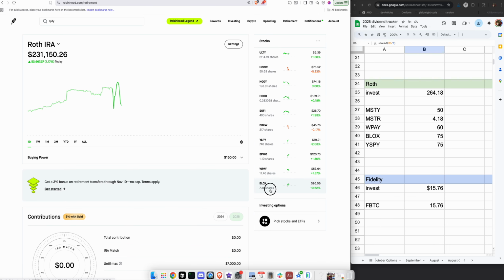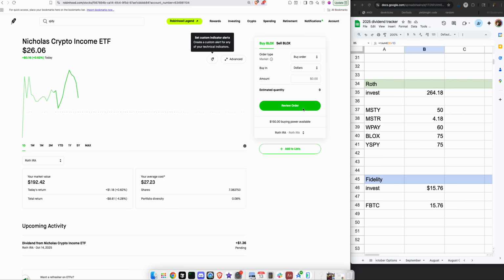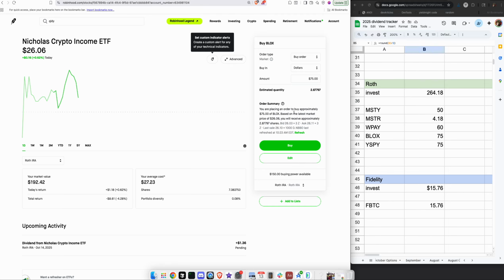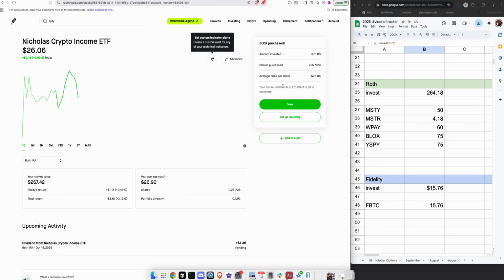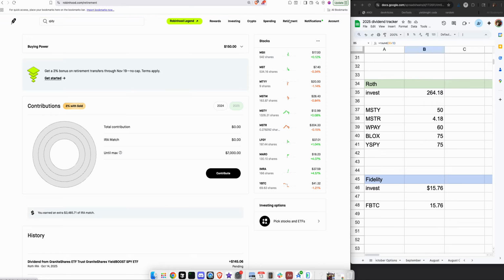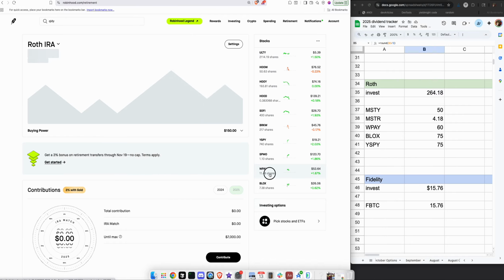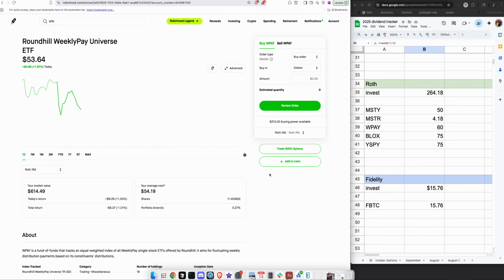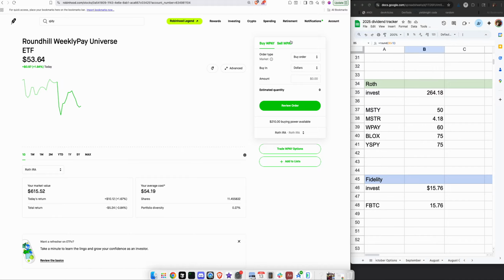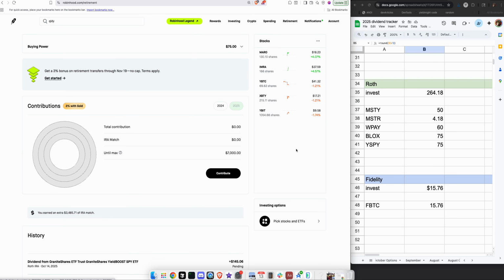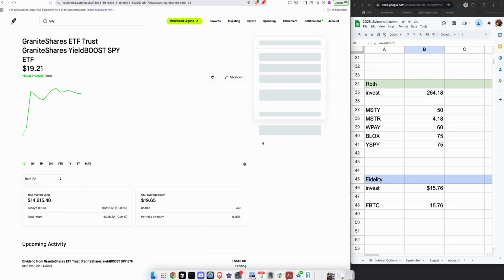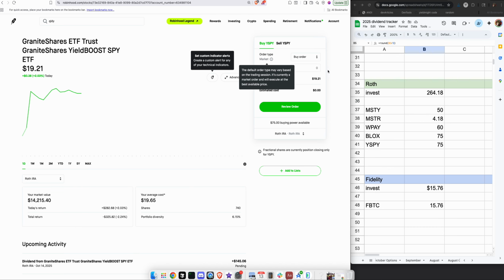Then we've got Block, $75. Sorry, we already did WPay. We've got to do YSPY. So here we go.